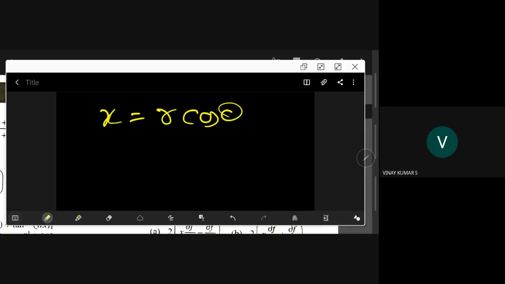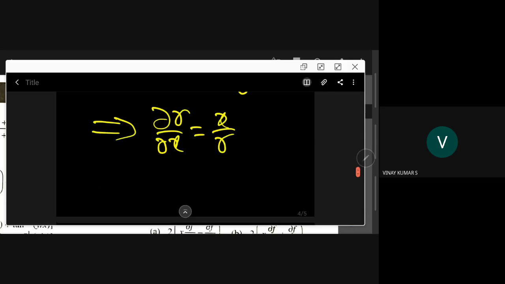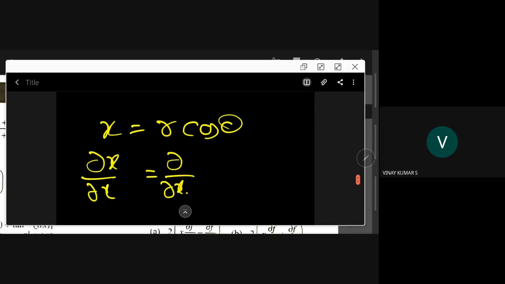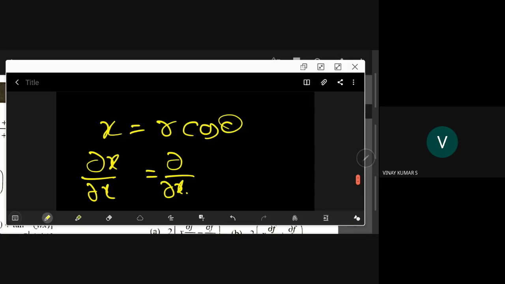You apply both sides ∂x/∂x. We have just calculated; ∂x/∂r we need to calculate. ∂x/∂r is equal to cos θ only.